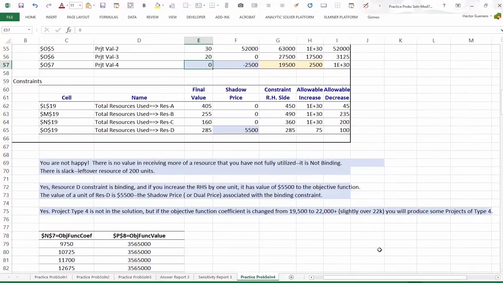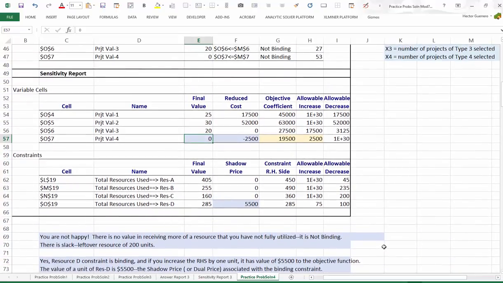So these are some of the interesting things we can do with sensitivity analysis. We've got reduced costs that are associated with how we'd have to change the coefficient of an objective function variable to make it attractive to have that variable in the solution. Currently it's not. We've got shadow prices. If I could increase the right-hand side of a binding constraint where I've used up all my resources, what would be the value to me?